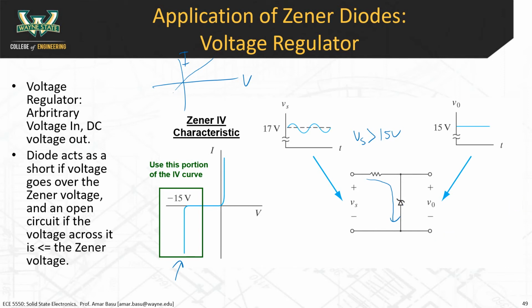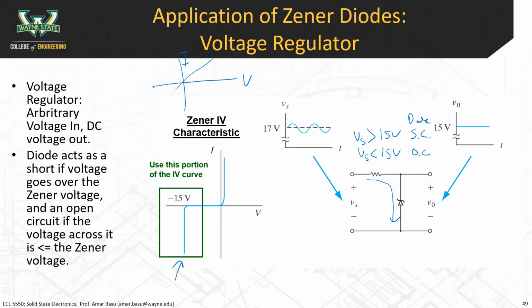It won't be able to go beyond 15 volts. Let me say that again. When the voltage is greater than 15 volts, the diode is short-circuited. And when Vs is less than 15 volts, the diode is open-circuited.